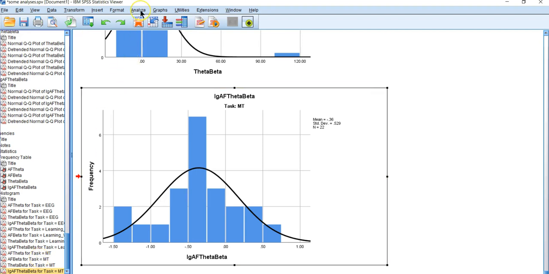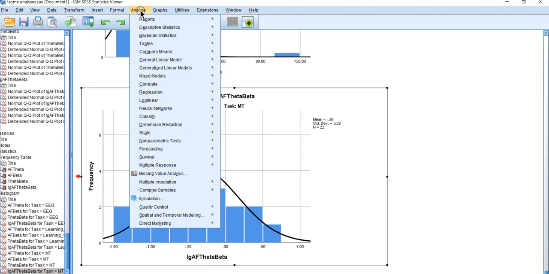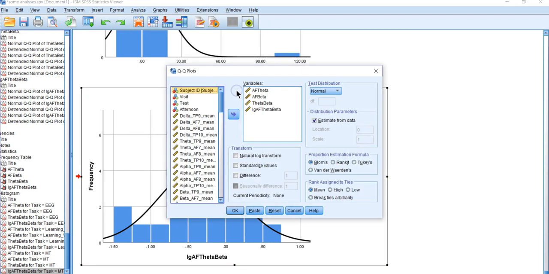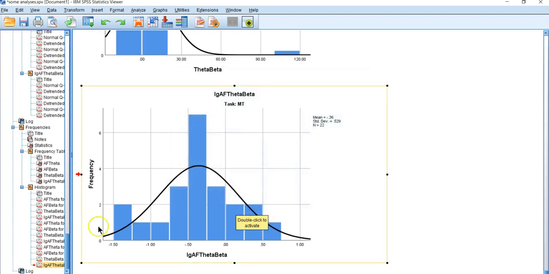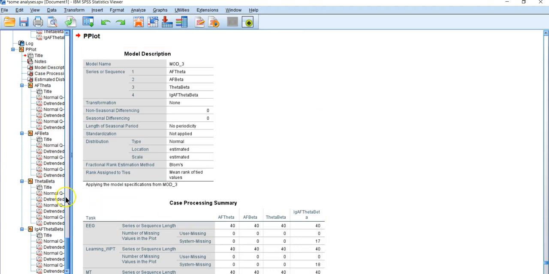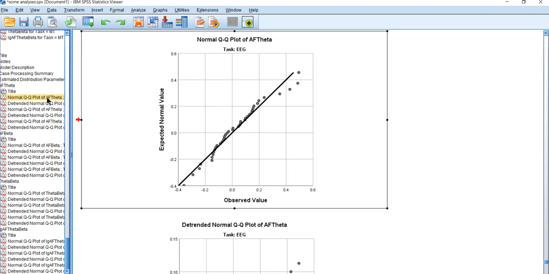Now, we can also look at our QQ plots, because when we were saying sort of normal, we get a better idea from this. So here are the same things, and we're going to do QQ plots. And it's done. This is our task. This is theta.